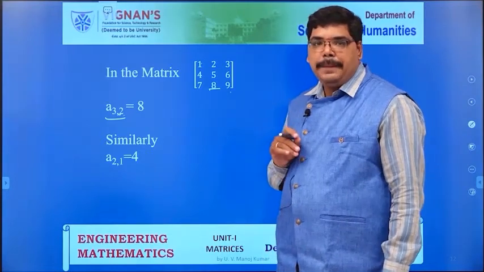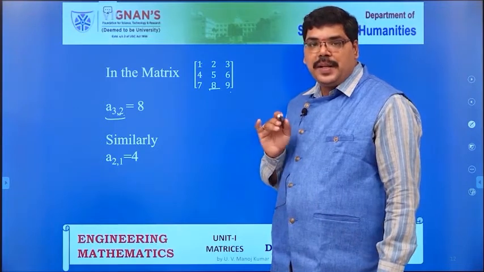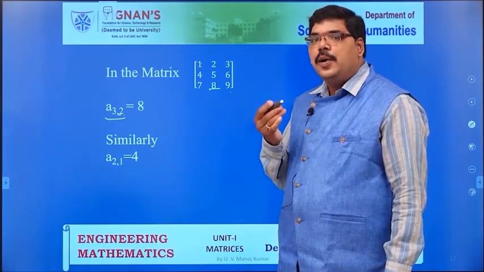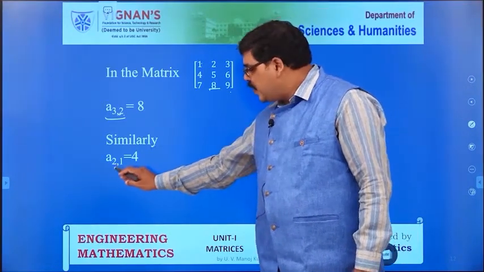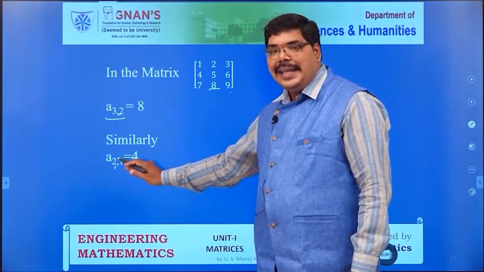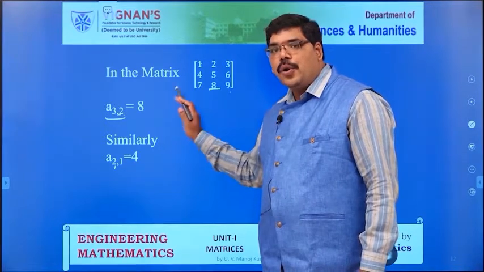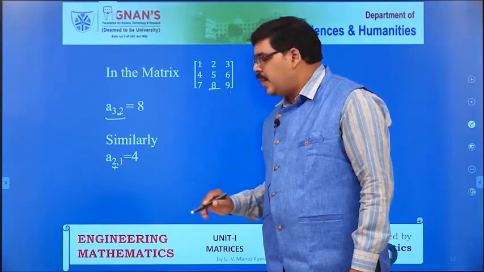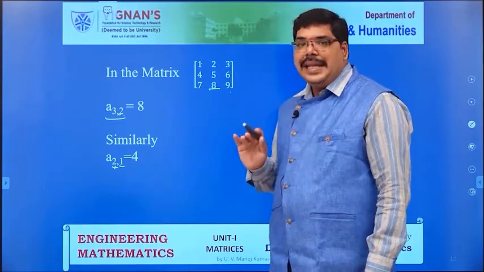In the same way, in this matrix, A21 represents which element? See the first suffix. The first suffix is 2, the second suffix is 1. The first suffix corresponds to row number, the second suffix corresponds to column number.